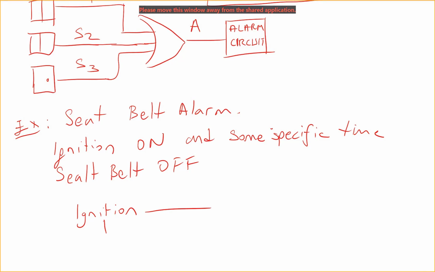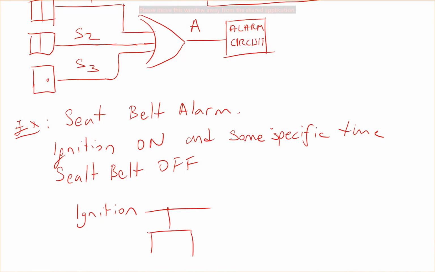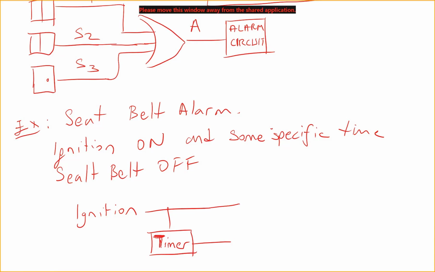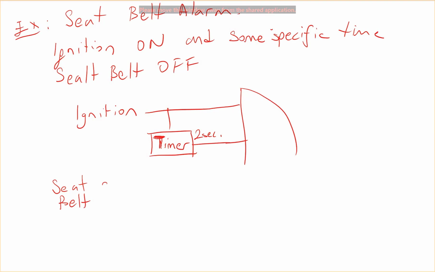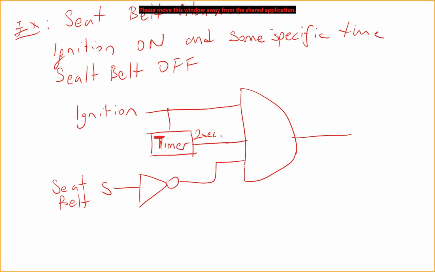If the ignition is on, I also need some kind of timer that will count for some specific time, let's say 2 seconds. If the 2 seconds are true, and then if the seat belt is off, right? Let's say this is the seat belt sensor S. If the seat belt is not locked, then I will make sure my alarm circuit will warn me.